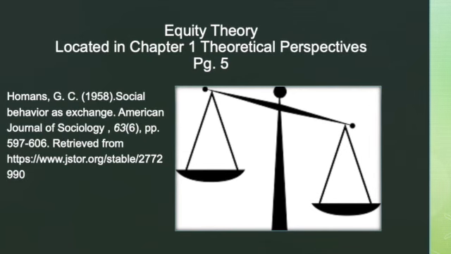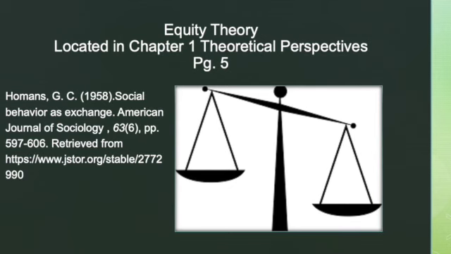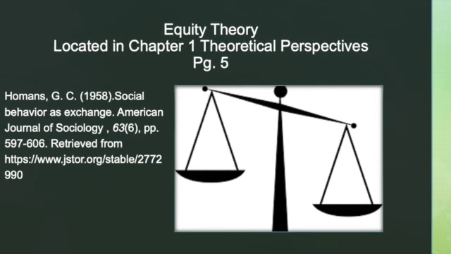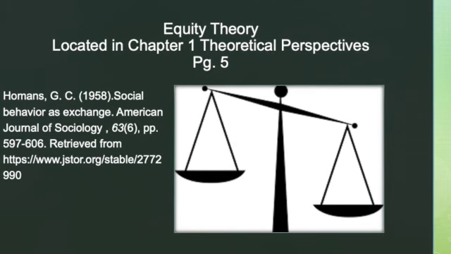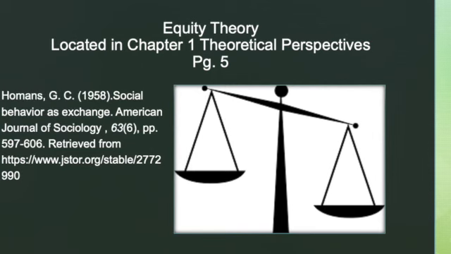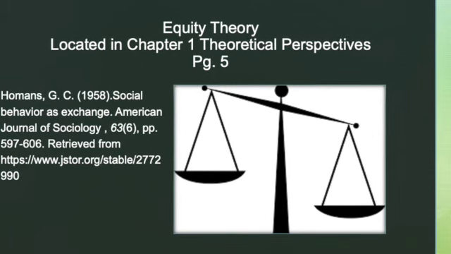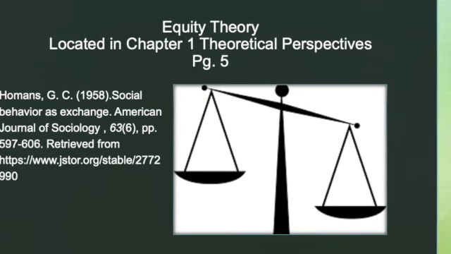The article that I read within this text was Homans' Social Behavior as Exchange. In this article, Homans talks about social behavior as an exchange of goods. And so it focuses on the fact that a person may change their social behavior in order to get more of something that they value.